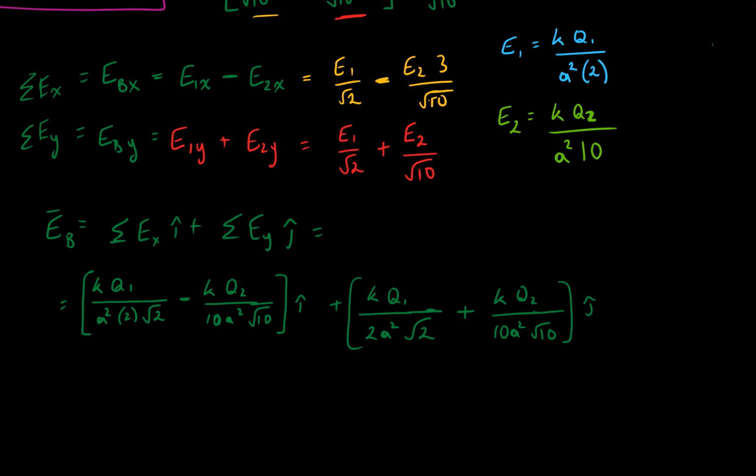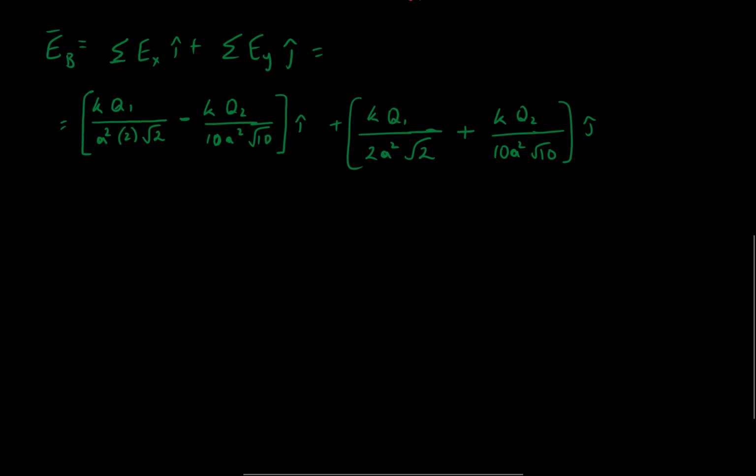And now we're going to notice that in this result there is a lot of stuff we could actually pull out of this. Most notably, we can pull out k divided by 2a squared from everything. So let's just do this in simple steps first.